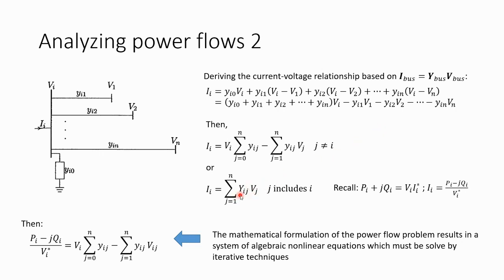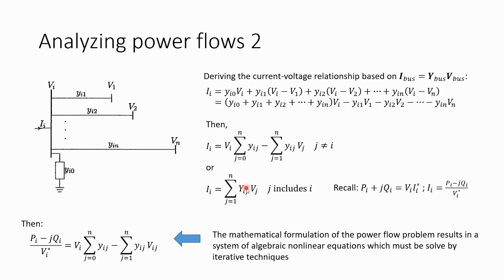So negative Yi1 V1 is given to you here. When j equals 2, it is Yi2 V2, and Yi2 is equal to negative Yi2, such as this. And if j equals i, then you have Yii Vi.